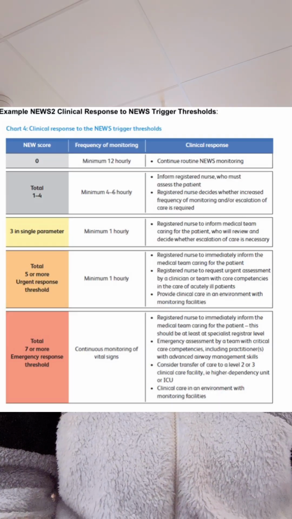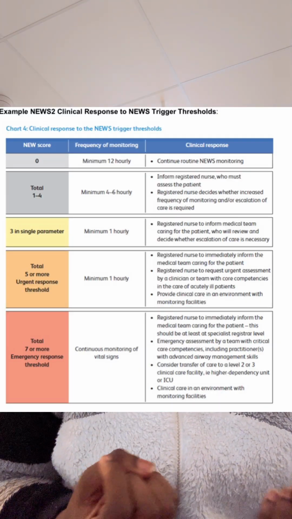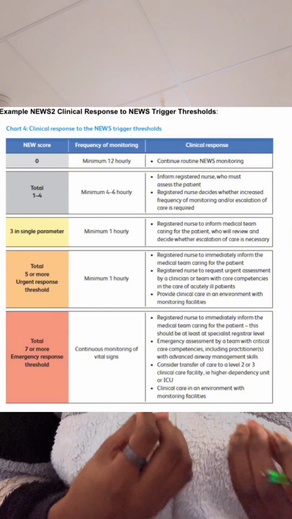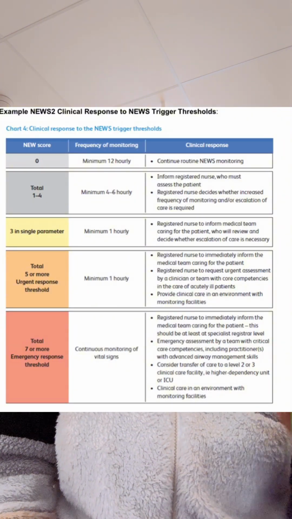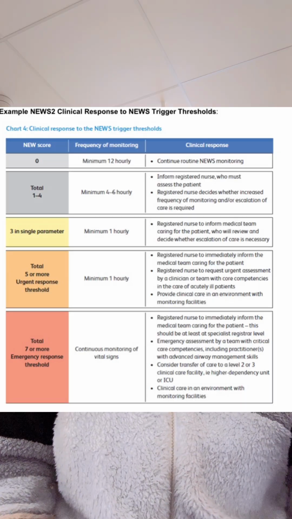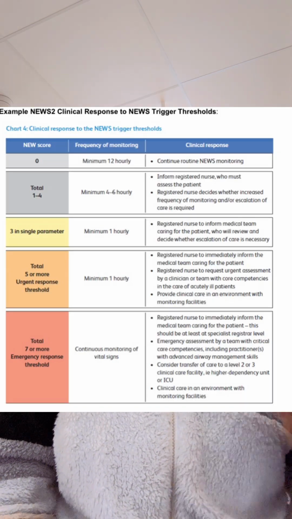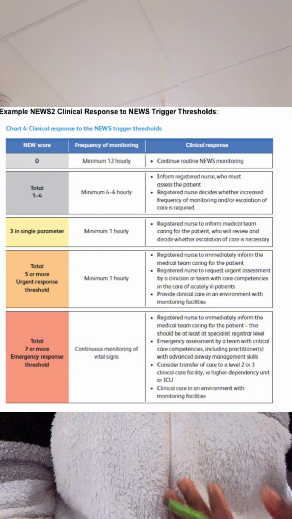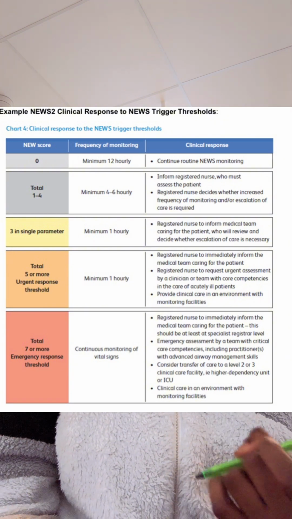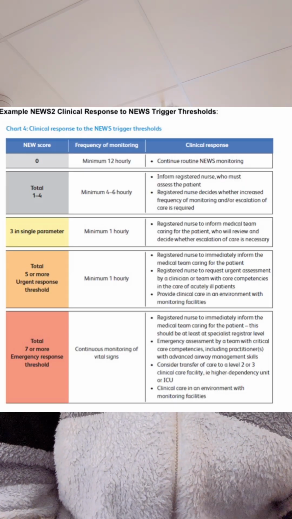That's the minimum, because there is nothing to be cautious of or scared about. However, if it is a 0 and maybe one of the parameters is at the border and is almost getting into the colored section, per your clinical judgment, you can tell the assessor that normally a NEWS score of 0 is supposed to have a minimum of 12 hourly check.